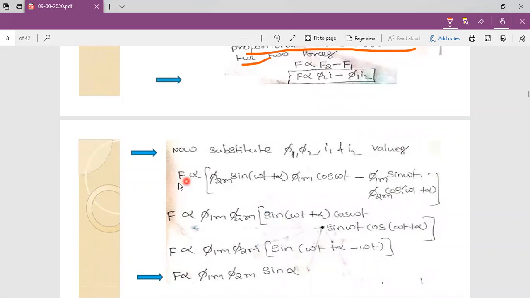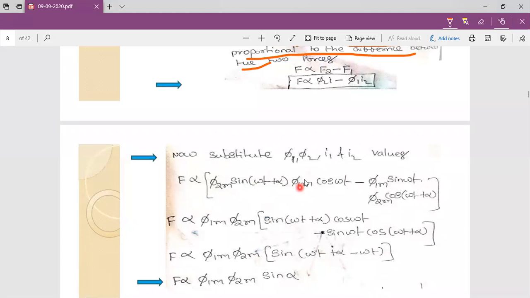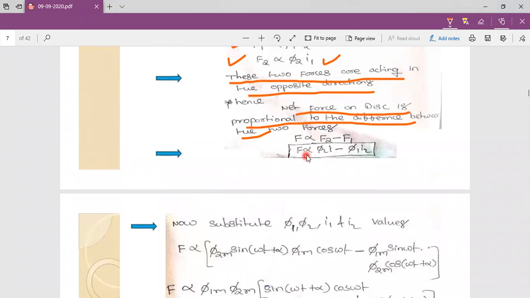So net torque or net force is directly proportional to phi2 I1 minus phi1 I2. Here in place of phi2 we can write the instantaneous value, that means phi2m sin(omega t plus alpha), and I1 we already calculated.